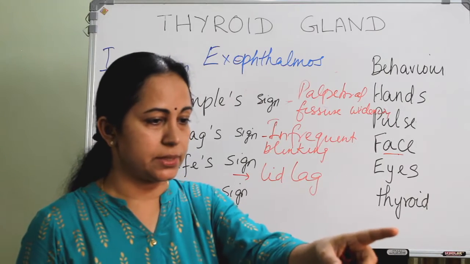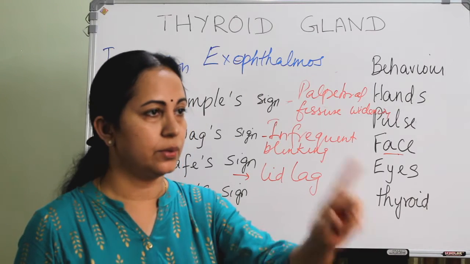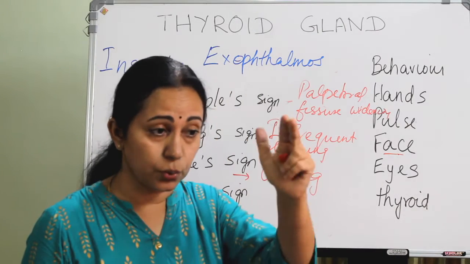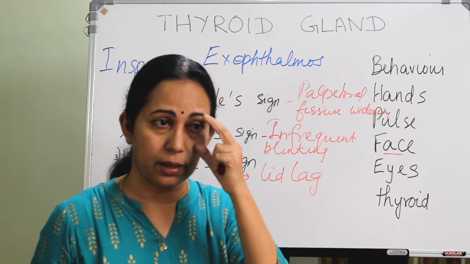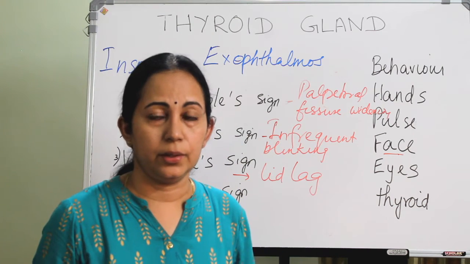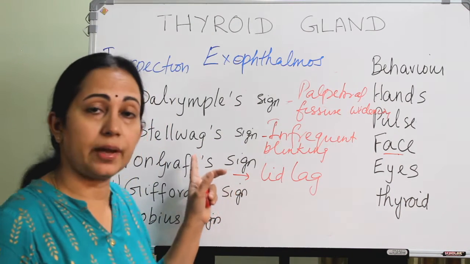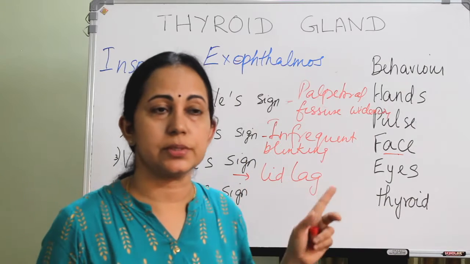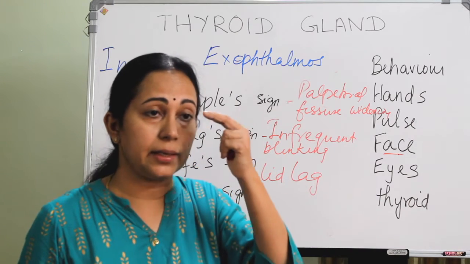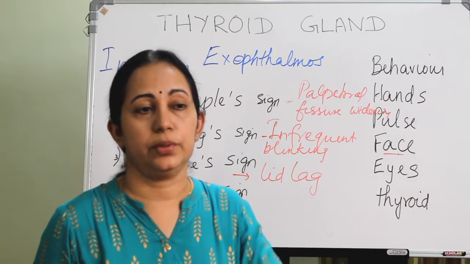When you look at an object and look downwards, the upper eyelid also follows the eyeball. But in a patient having thyrotoxicosis, the upper eyelid will not follow the movement.